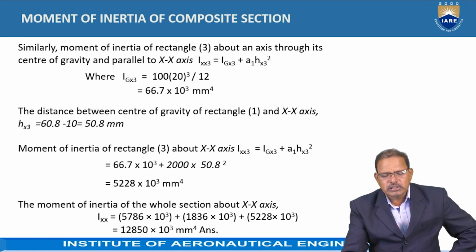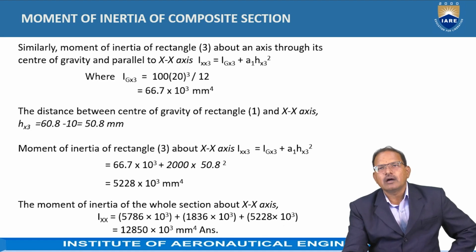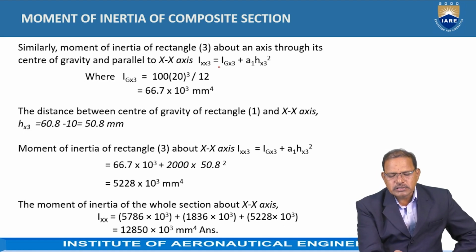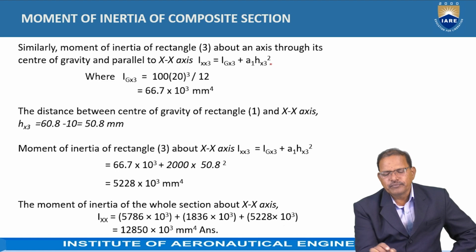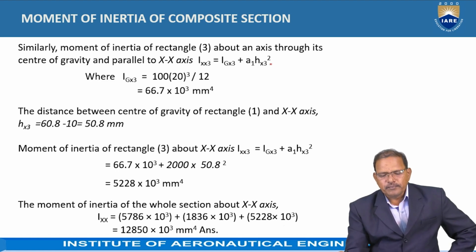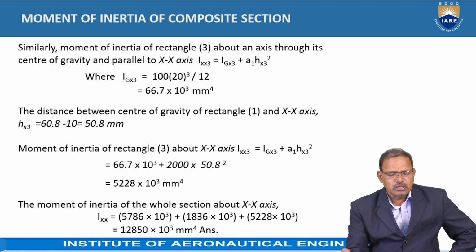Similarly, the moment of inertia of the third rectangle about an axis passing through the central gravity of the composite figure is given by Ixx3 is equal to Igx3 plus A3 hx3 whole square.